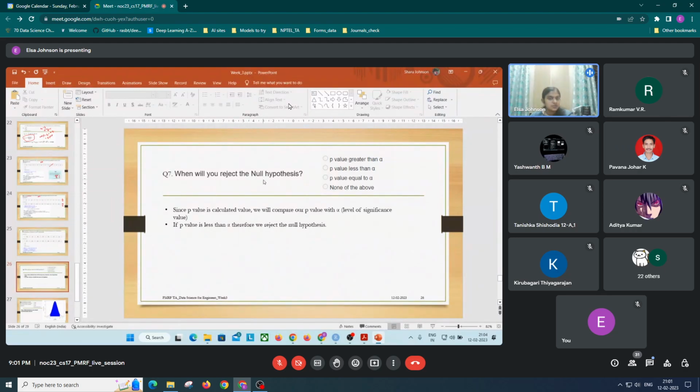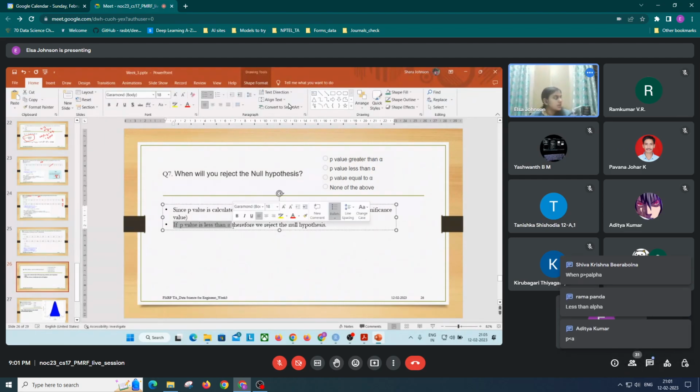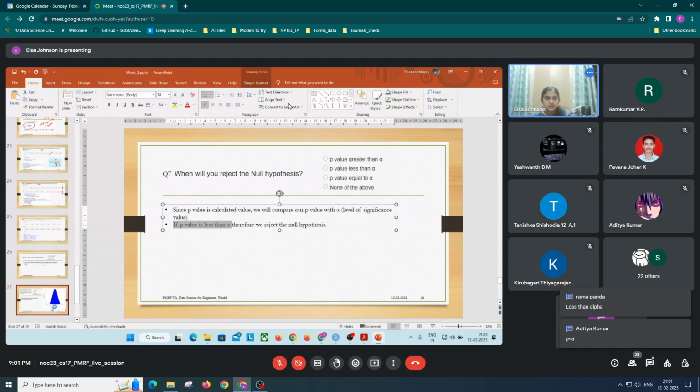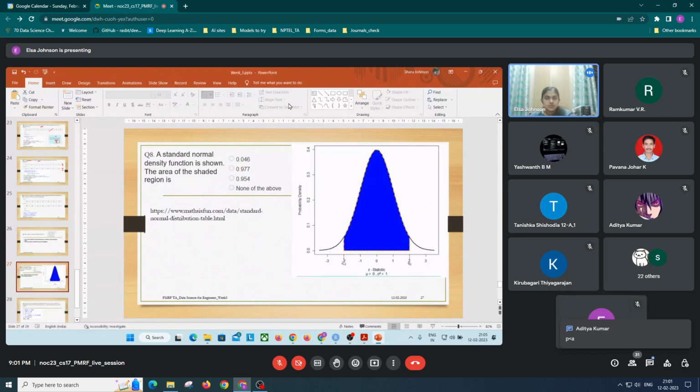When will you reject the null hypothesis? Yeah, we reject the null hypothesis if the p value is less than alpha. That is some theory part.